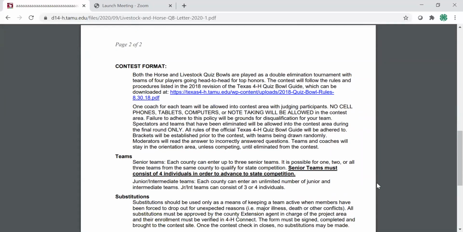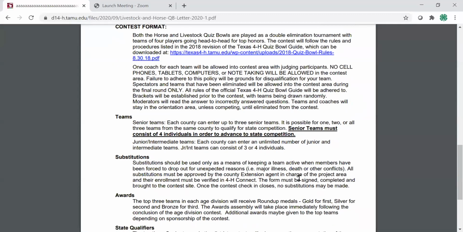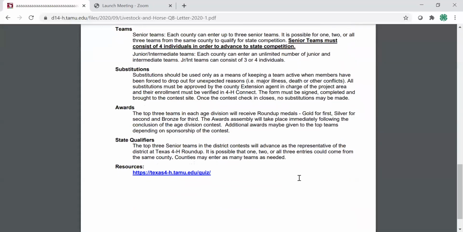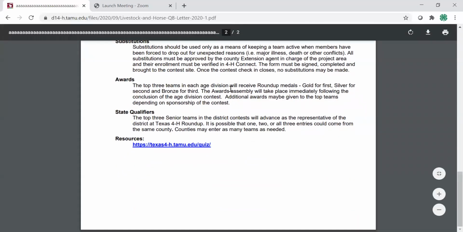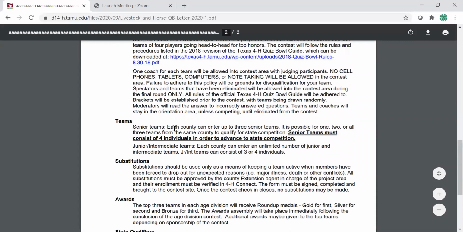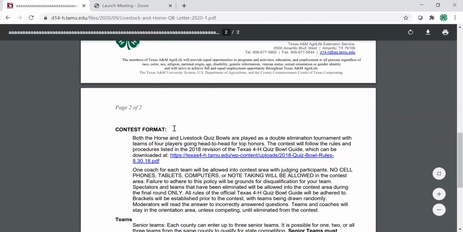Teams can be made up of up to 4 individuals. For senior teams, you have to have 4 individuals in order to advance to state. For junior and intermediate teams at our district, we will allow you to do a team of 3 if you can't quite get that 4th member. You can read through this; it gives you the gist of our district contest.